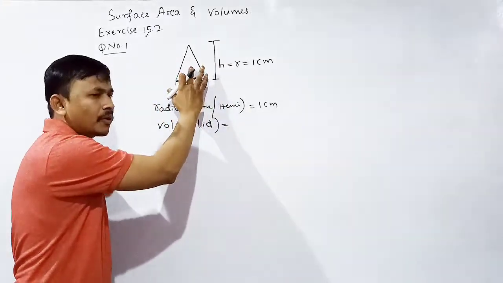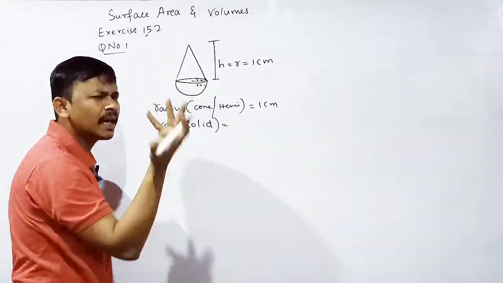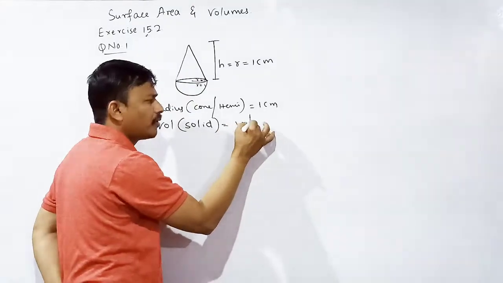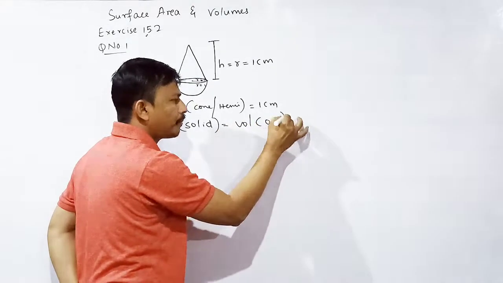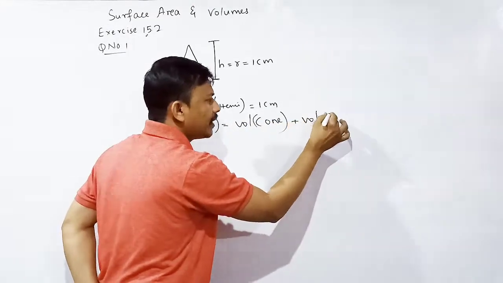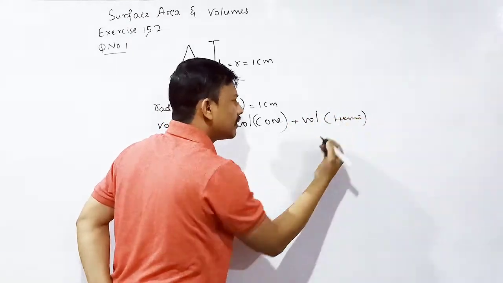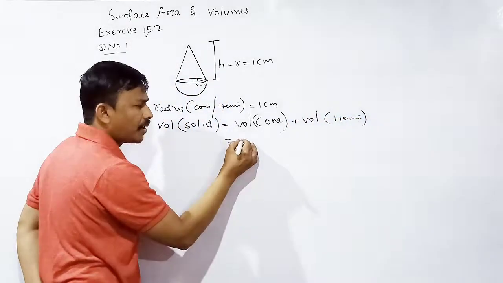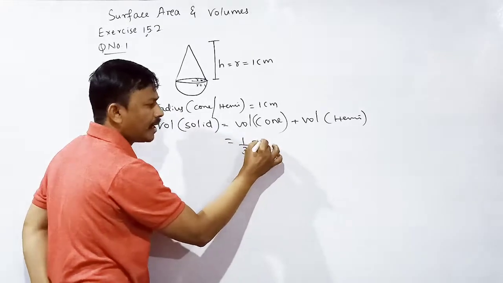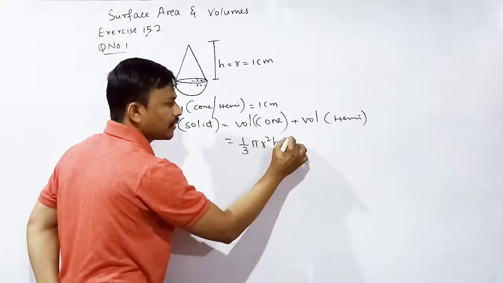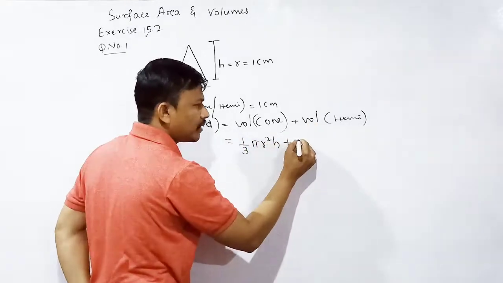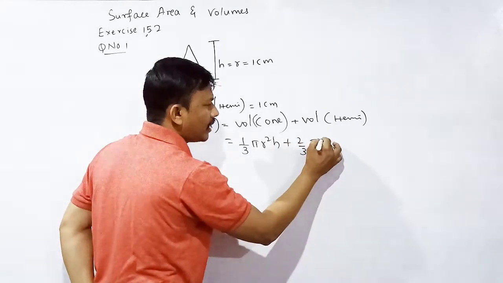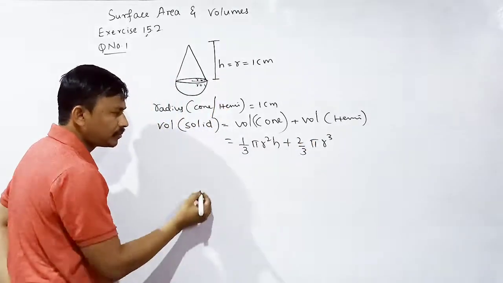Volume of cone plus volume of hemisphere. What is the volume of cone formula? 1 by 3 pi r square h plus volume of hemisphere 2 by 3 pi r cube.